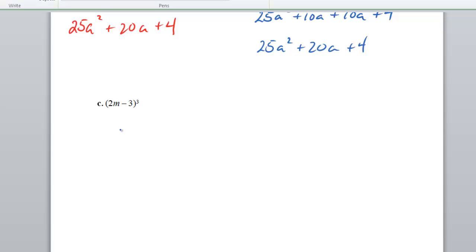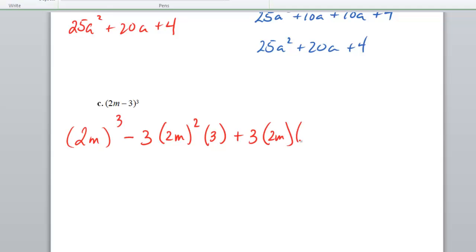So the first one is the pattern, which is going to be the cube of the first term. Okay, and so what you can see here is we have our first term cubed and our last term cubed.